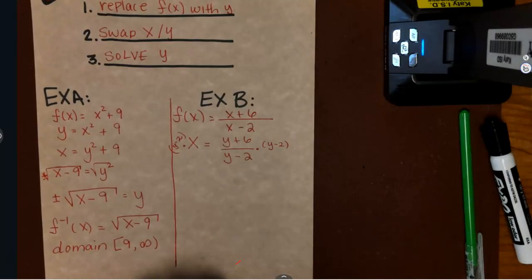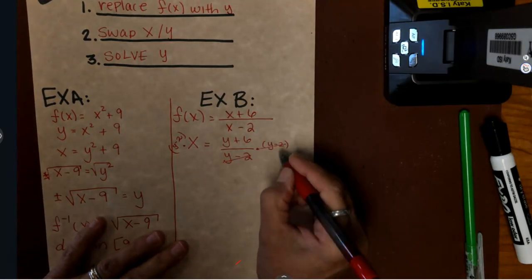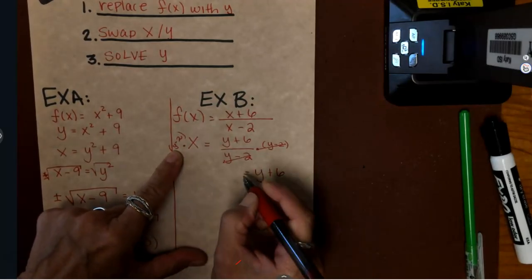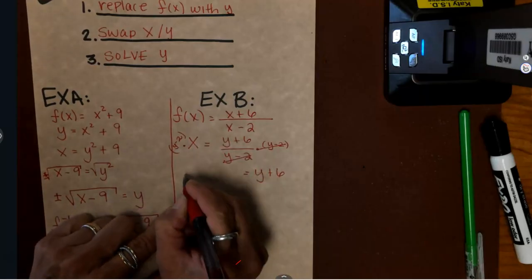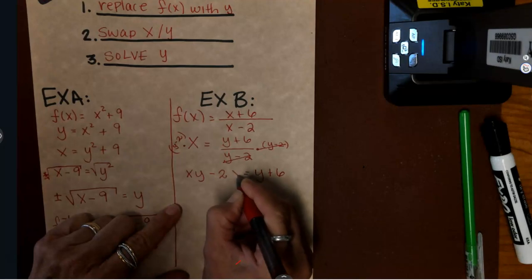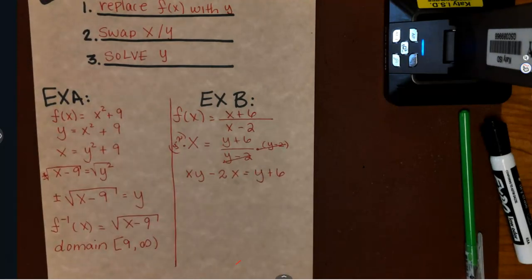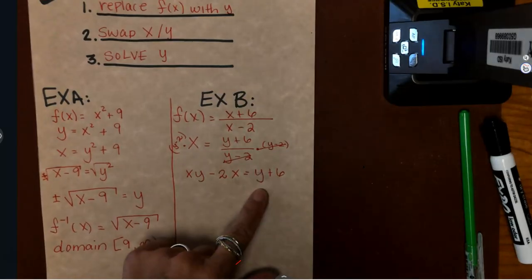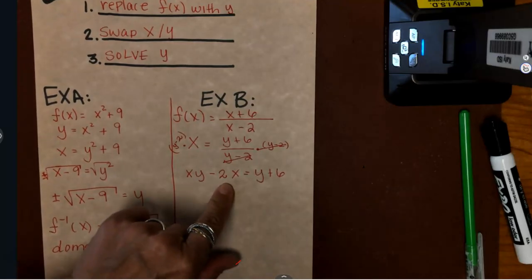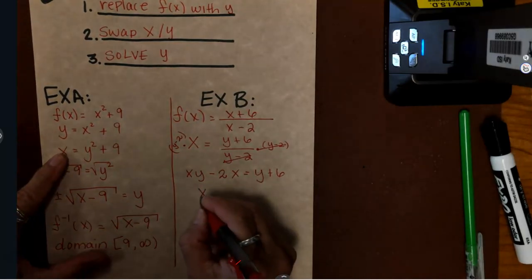All right, over here on this side, guys, they just cancel, so that kind of cleans up nice. But we're going to have to distribute on this side. So it's going to be x times y, and then x times a negative 2. We're solving for y. You know what to do. Put all your y's on one side. If it doesn't have the letter y, move it to the other side. So this is going to go over here, but that negative 2x is getting shoved out the door to the other side.